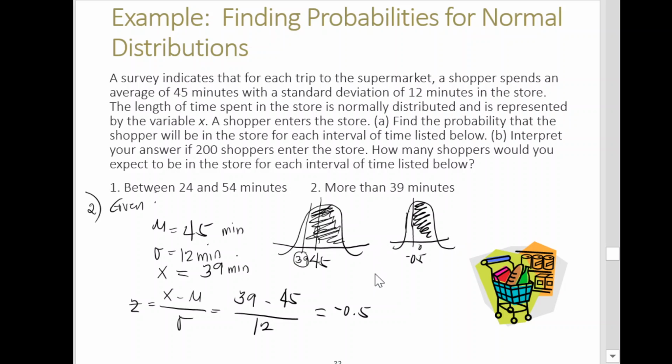Okay, so ito yung hinahanap na area. Okay? And you all know na kapag tumingin kayo sa area doon sa table, kailangan para makuha nyo yung probability na x ay more than 39 minutes, okay?